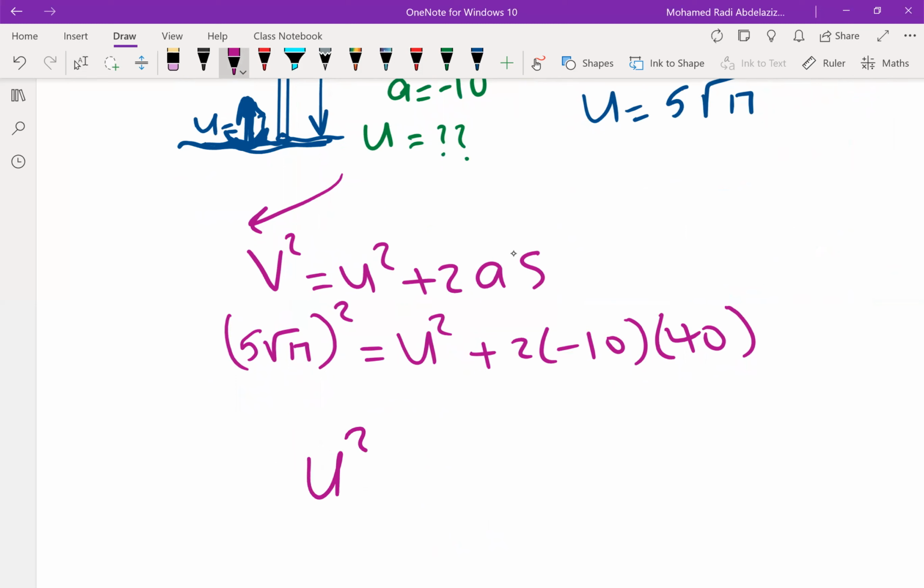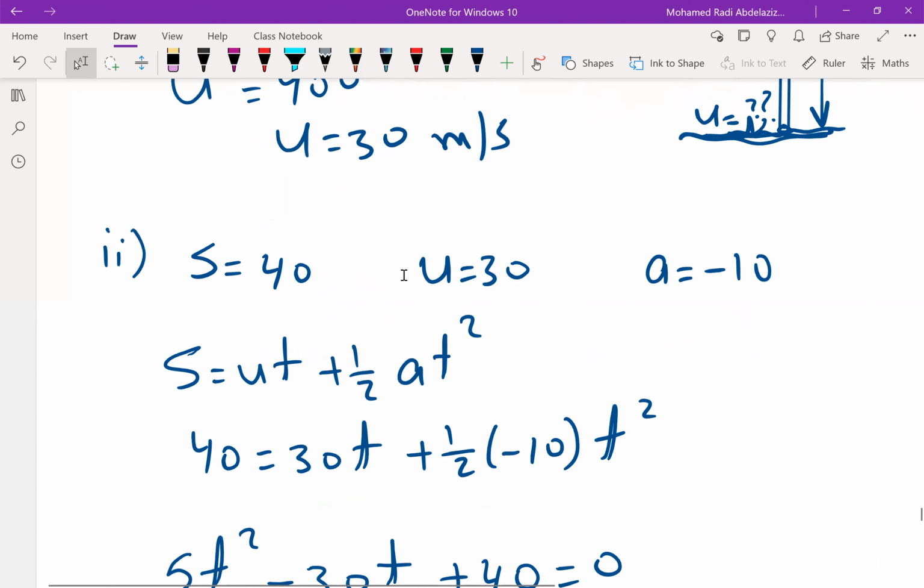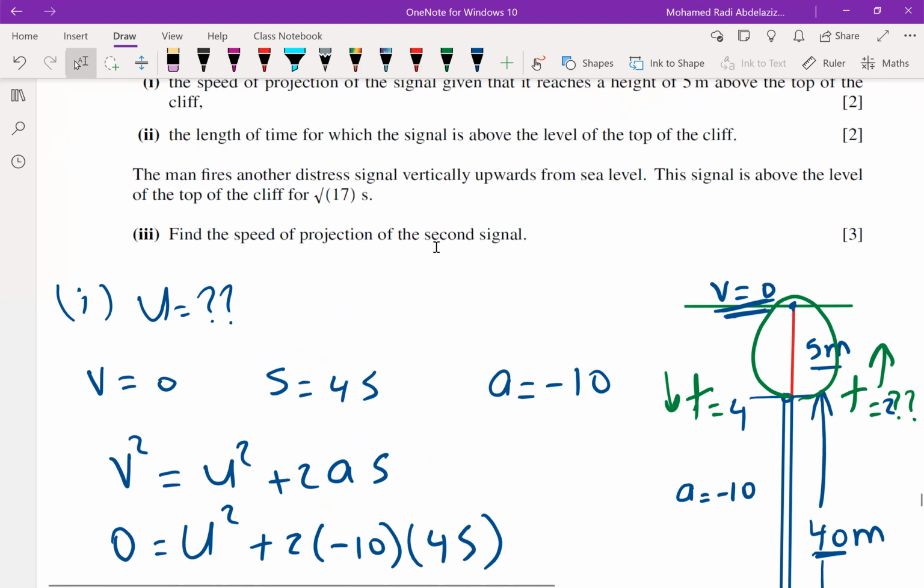U squared is equal to 5 root 17 squared plus 20 times 40. So the answer is 1225, and by taking the square root you will get the initial velocity is 35. That's it. We were asked in part C to find the speed of projection of the second signal. Thank you.